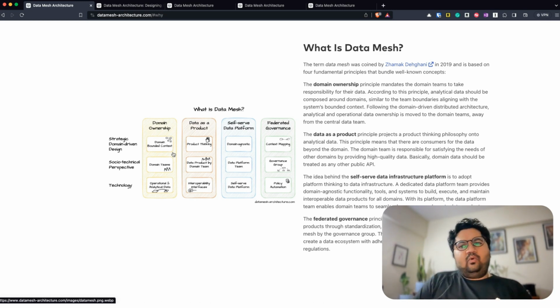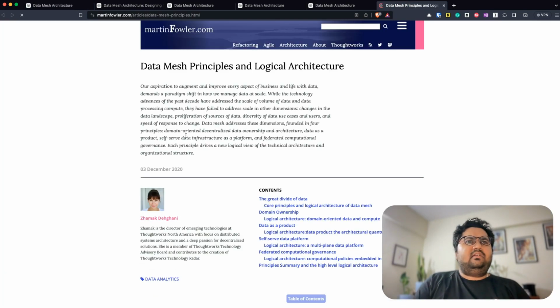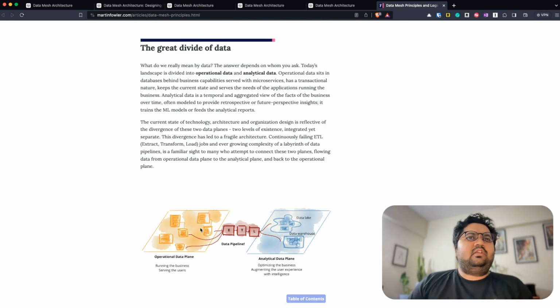It's not a very old term, coined probably a few years back, I think by this gentleman in 2019, and I think Martin Fowler is being referenced here. And this lady is at ThoughtWorks, if I remember. Yes, she's at ThoughtWorks, and she has talked about data mesh principles and logical architecture.